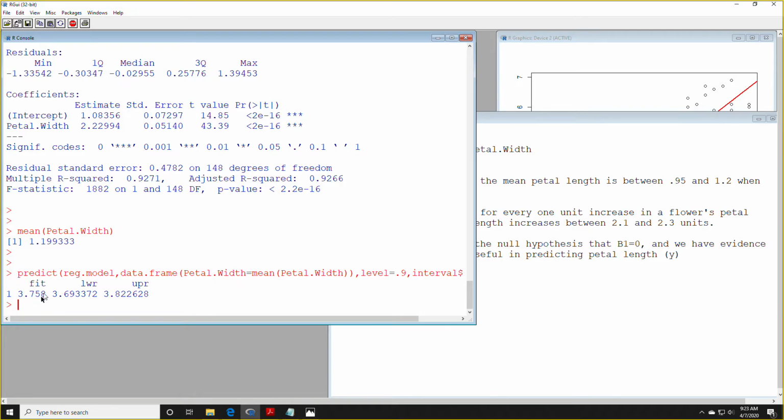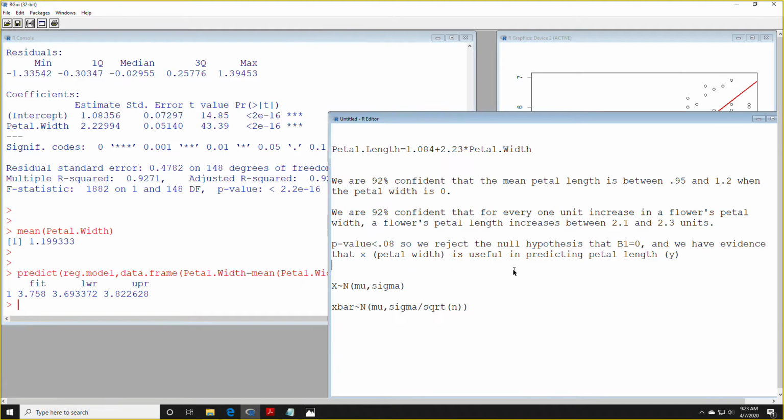Okay, we can ignore this lower bound, upper bound.